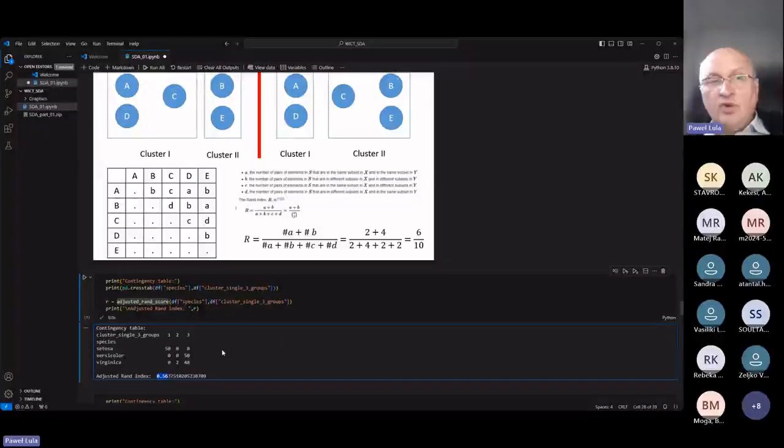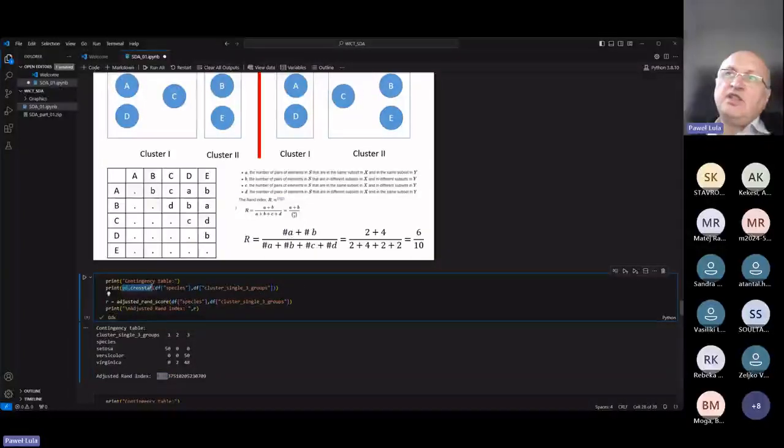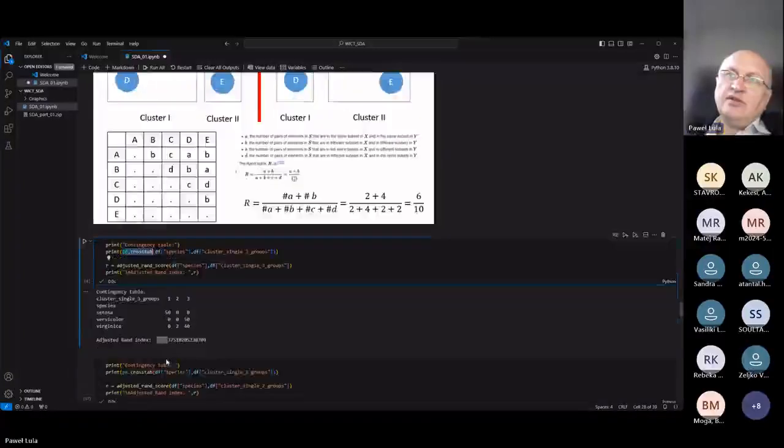Also, when we want to compare the results of classifications, we can create the contingency table. This contingency table is created here. I want to compare values from species and cluster single three groups columns. And we have this contingency table here.